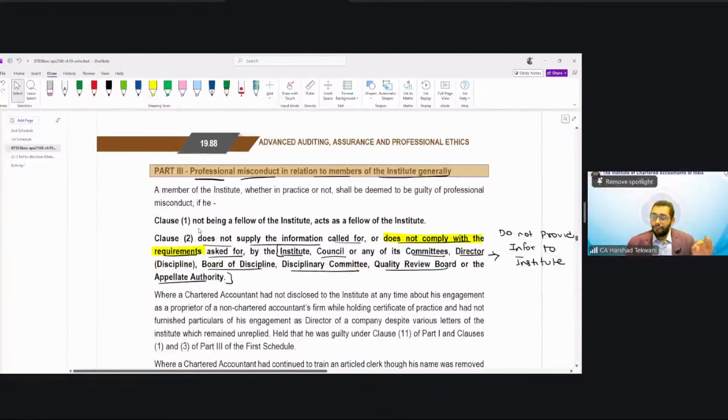Part 3 of the first schedule, we discussed something, clause 2, where you do not provide information to the institute. Clause 1, not being a fellow, act as a fellow. Here, act does not only mean you physically act. Act means you represent yourself through the conduct of your activities.